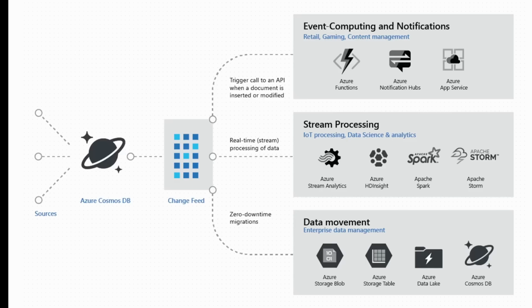For example, let's say the consumer has put all the items in their shopping cart, and now for whatever reason they left. The change feed reads it, and through the form of an Azure function, will basically send an email to that particular customer and tell them, hey, come back. Here's a promotional offer, and this might increase the likelihood of the customer purchasing that particular product. So that's something that you might use.